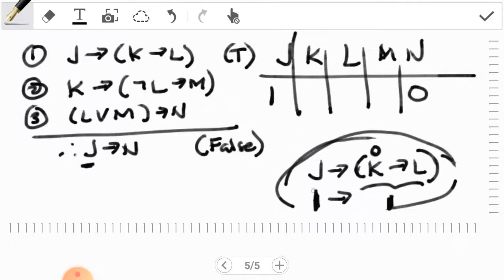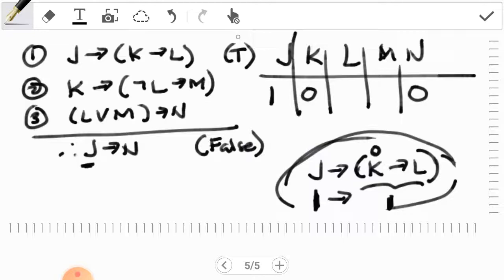But since J is already true, then for this entire thing to be true, we need K implies L to be true also. And since we still don't have the value for K and L, we can set K to 0. If K is 0, regardless of the value of L, this will be true.